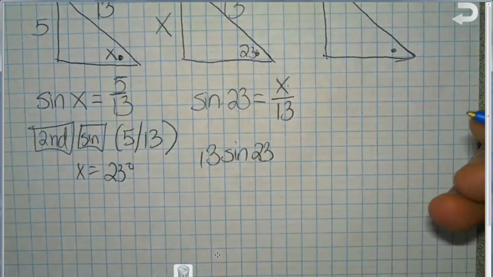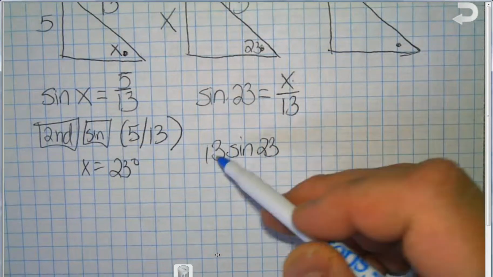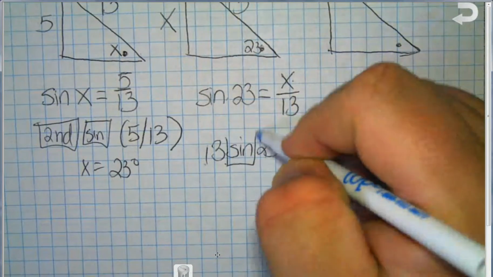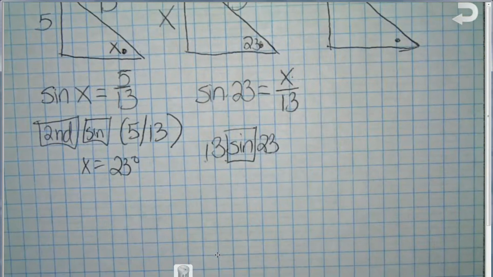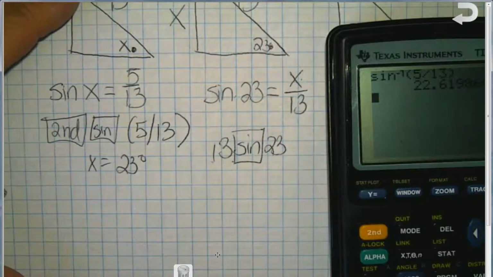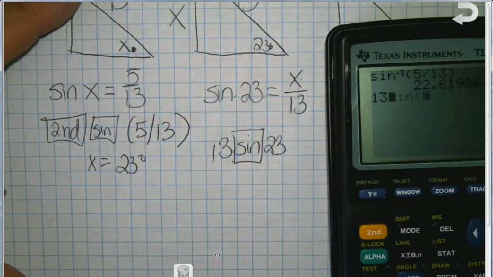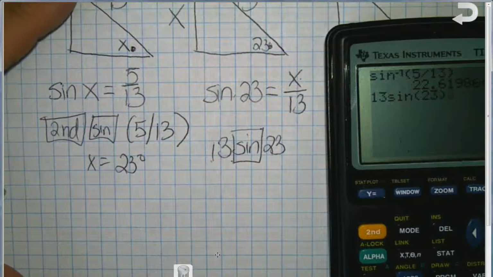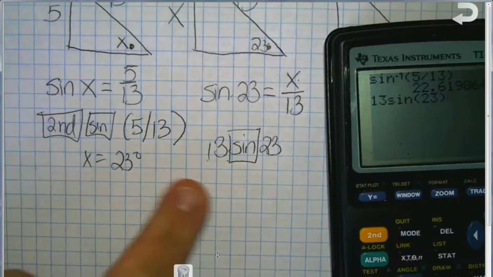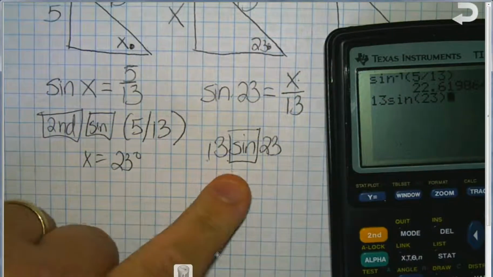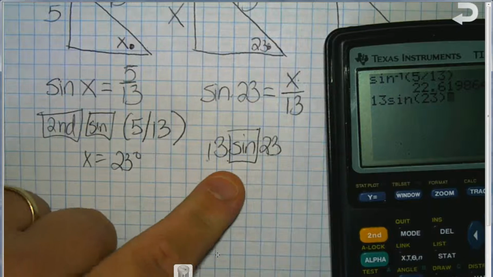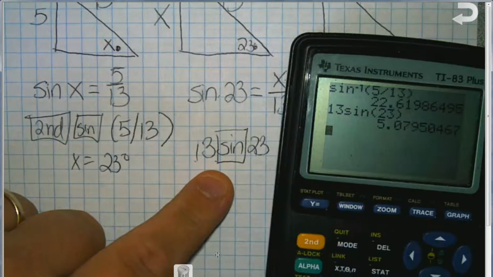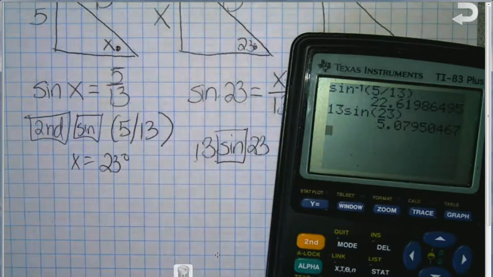And in your calculator, that's exactly what you're going to put in. 13 sine 23. You still press second? No. That's why I purposefully put the box around the sine and didn't throw the second in there. Now when I hit enter, you round to 1 decimal spot.